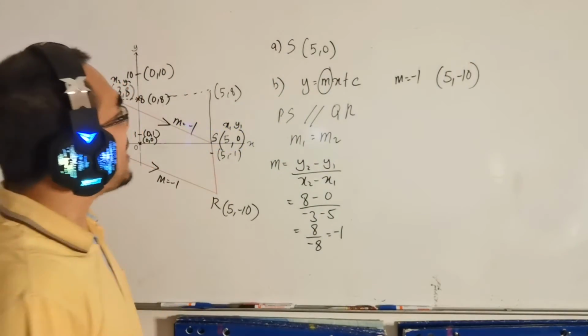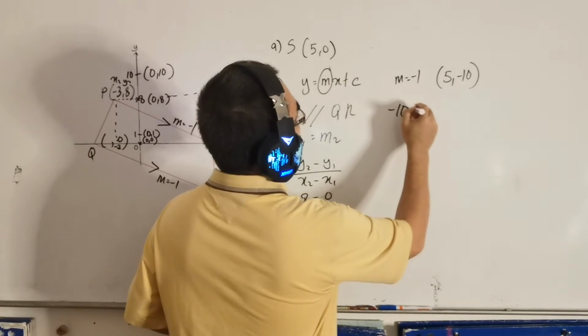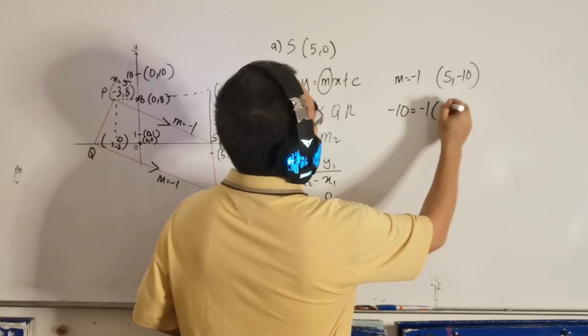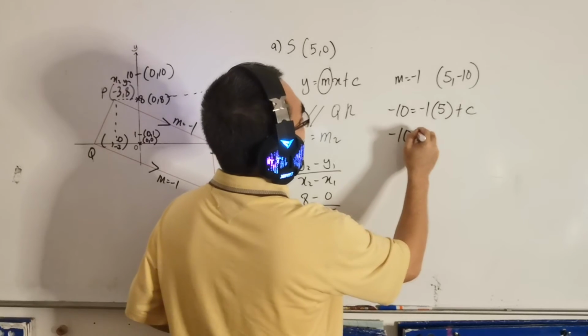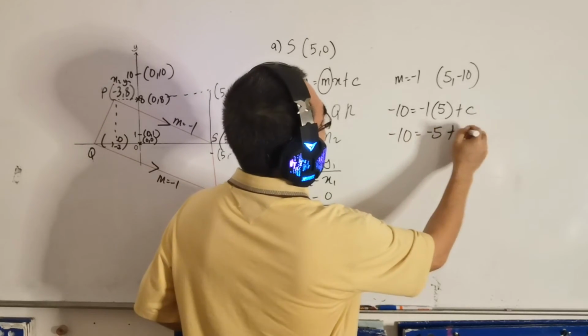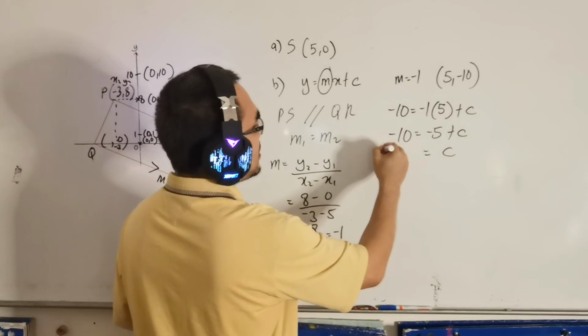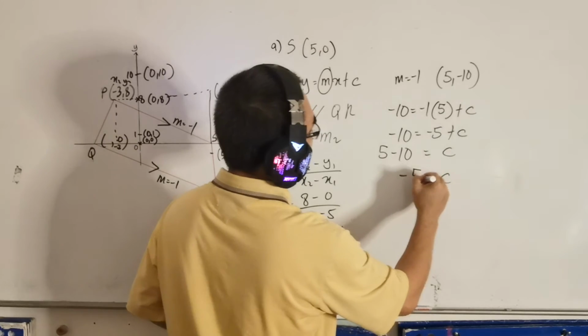Substitute in y equals mx plus c: negative 10 equals negative 1 times 5 plus c. Simplify, you get negative 5 plus c. Move negative 5 over, so negative 10 plus 5, c will be negative 5.